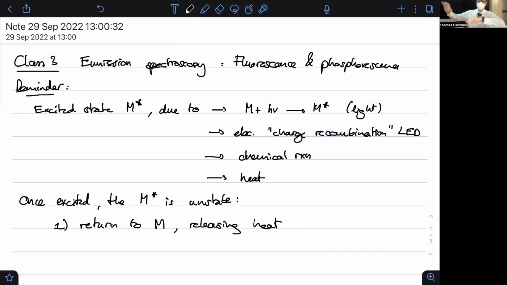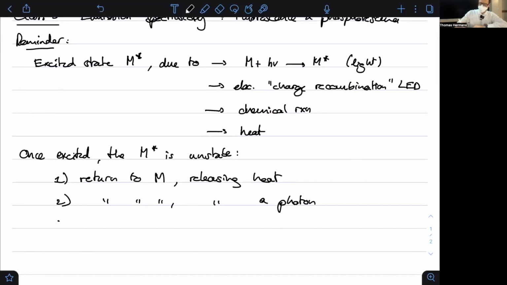Non-radiative means you release heat or you dissipate energy. You can return to the ground state releasing a photon. That's luminescence, as we'll see. And you can use the energy to start a chemical reaction.